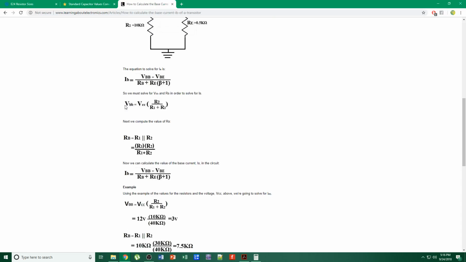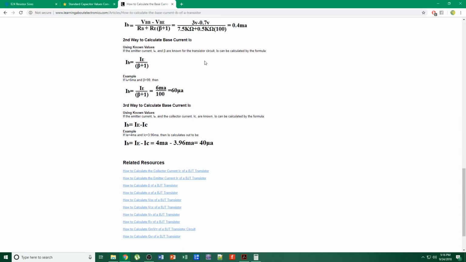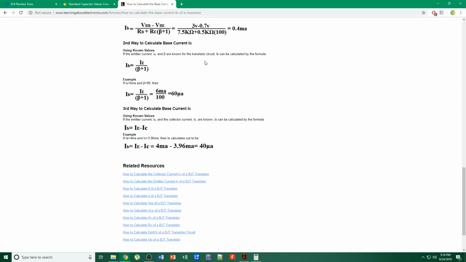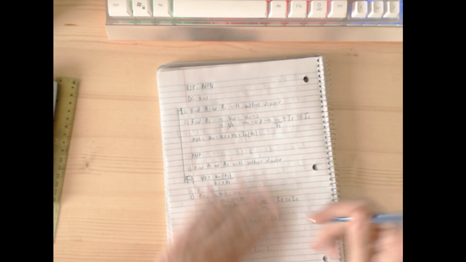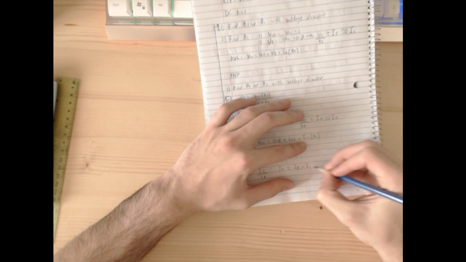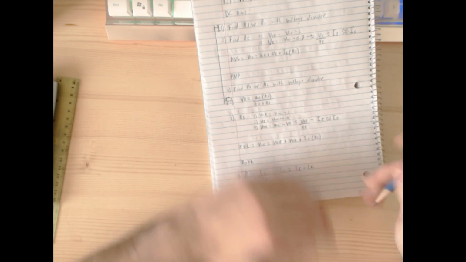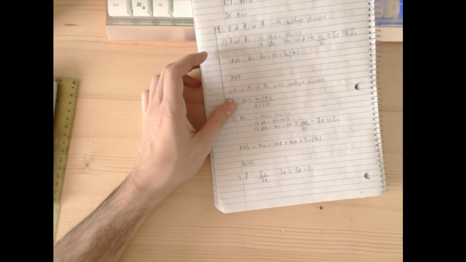It is this one. IE minus IC. Let's fix that quickly before we make the mistake. IE minus IC. This is purely to find beta.